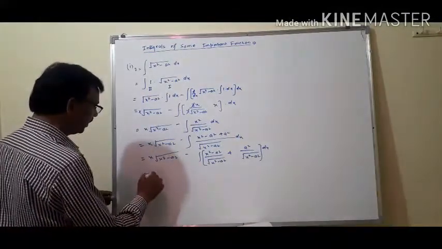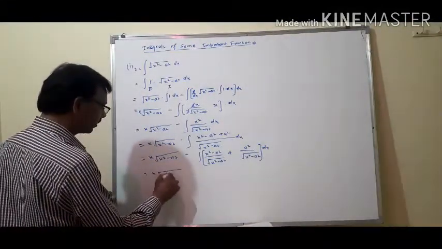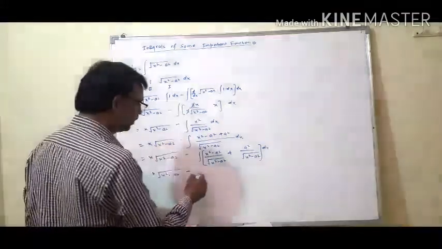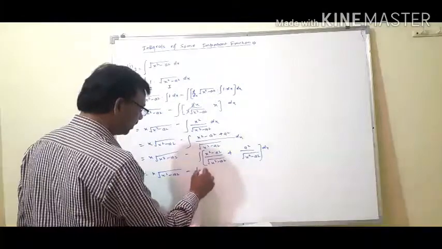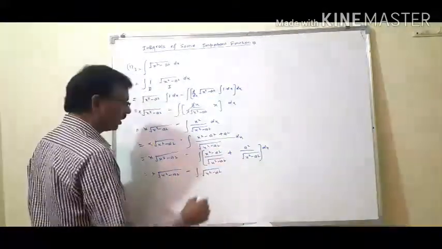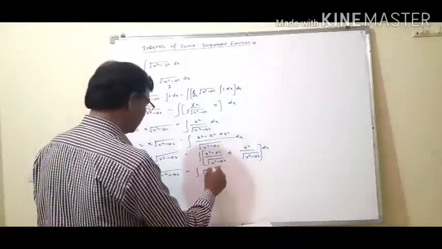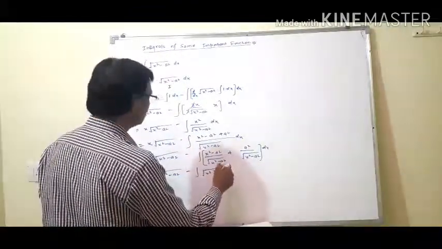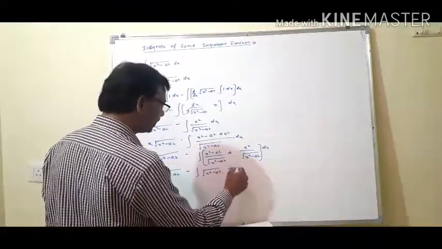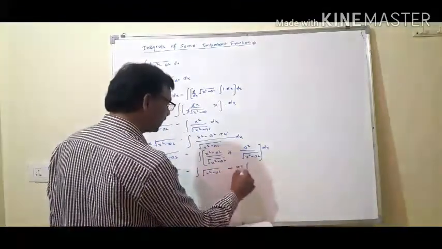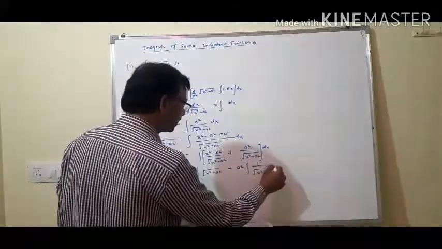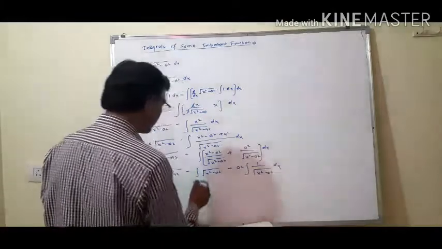So this will be x root under x square minus a square minus, this will be cancelled, and this will be integration of root under x square minus a square, minus into plus, this will be minus a square integration of 1 upon root under x square minus a square into dx.